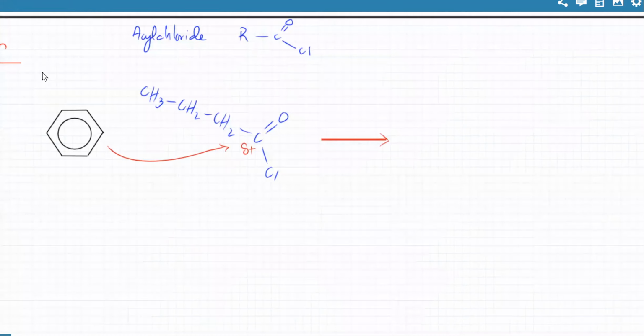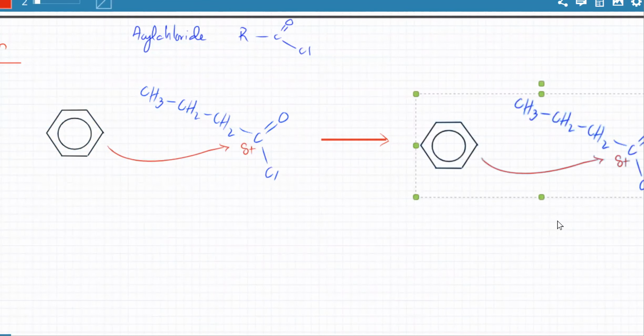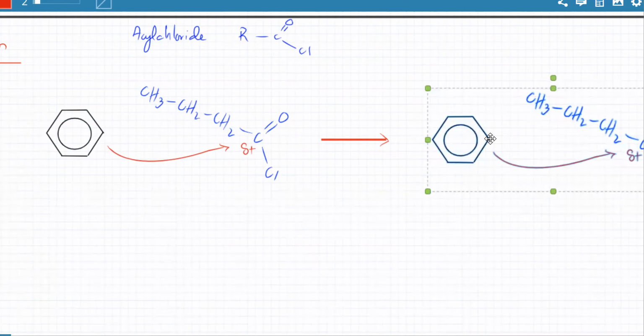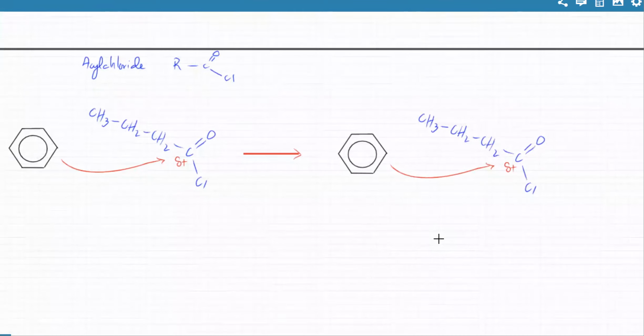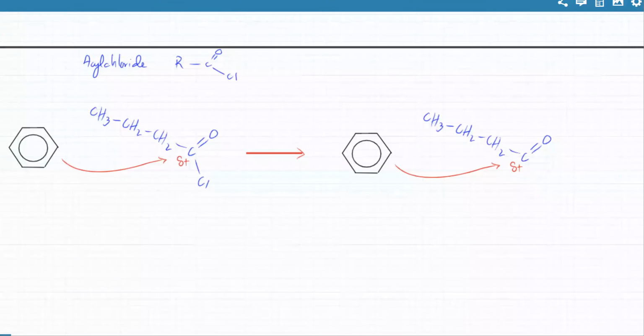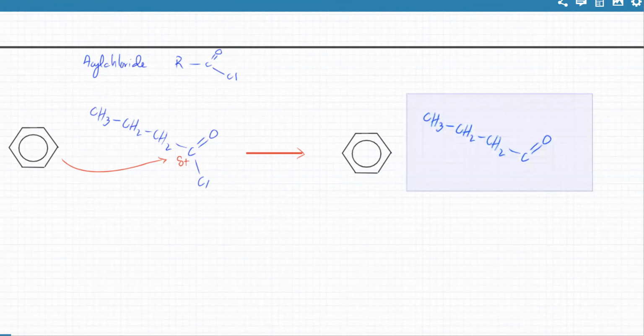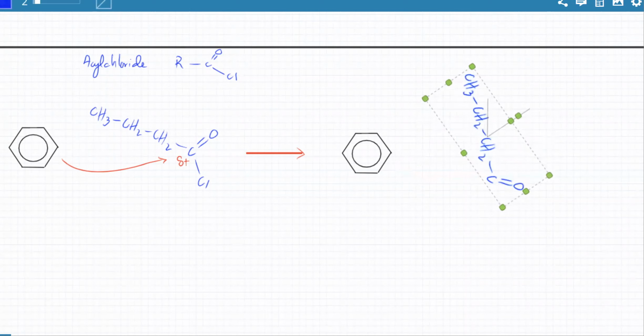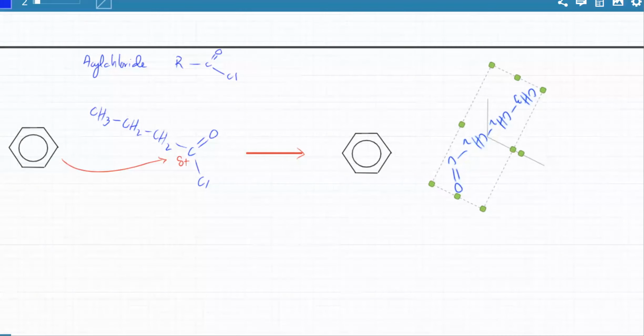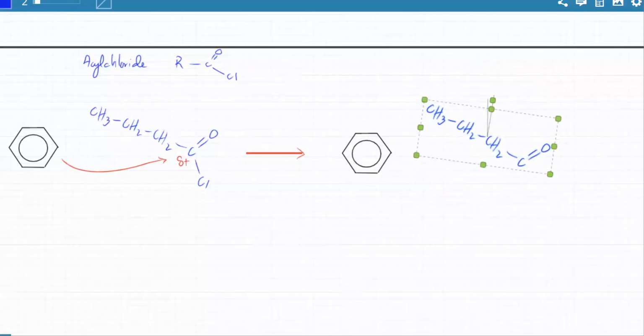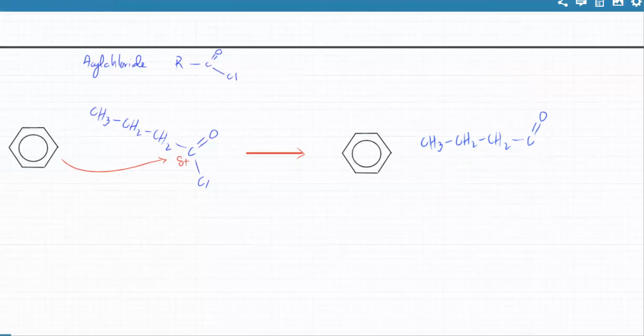And even in this case, you would need a catalyst. So this one, the Cl gets knocked out. It ends up forming HCl. This carbon is the one that's got a positive charge. So we can rotate this, or maybe put this straight and get the benzene to the other side.